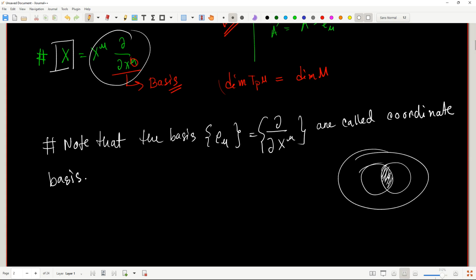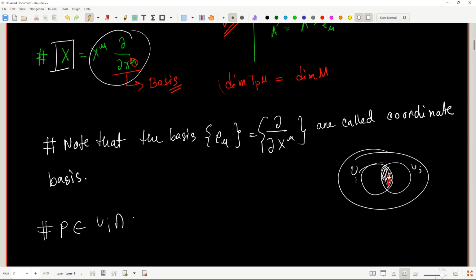I take an overlapping region, and there, let's say, I have a point called P. So on this overlapping region I have some P, let's say this is again U_i, U_j.